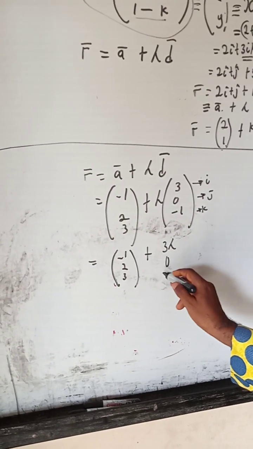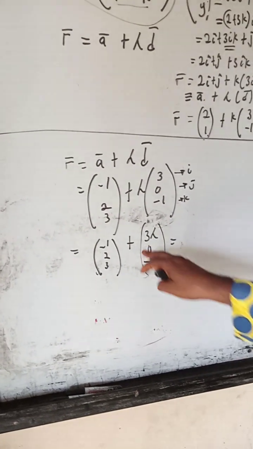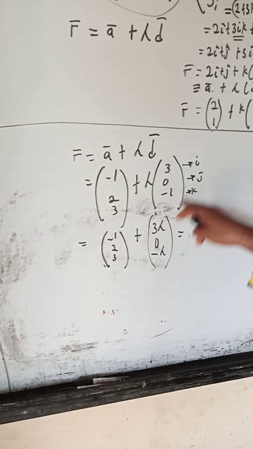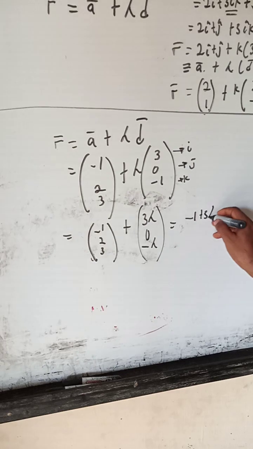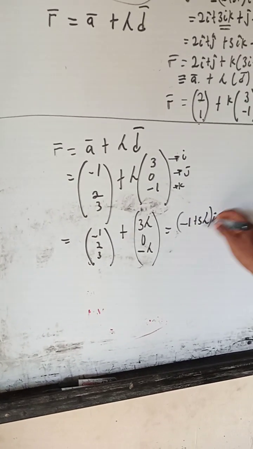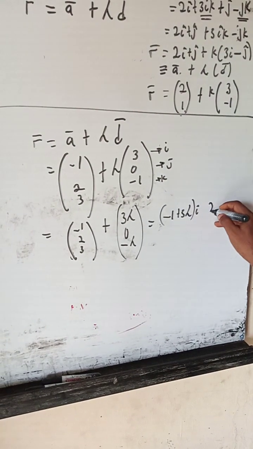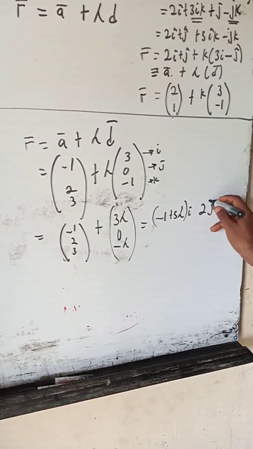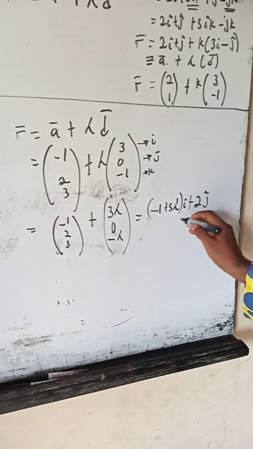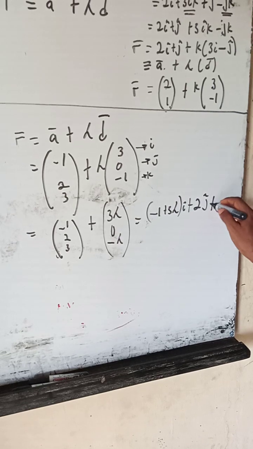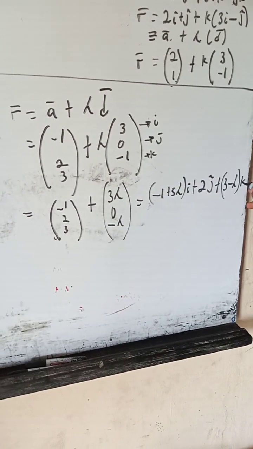This one times this one gives us a minus lambda. So I can rewrite it: all the ones that are above are for the vector i. So this one is actually minus 1 plus 3 lambda, vector i, then followed by 2 plus 0. 2 plus 0 is still 2. That is vector j. Then for this one, it's going to be plus 3 minus lambda, then vector k.